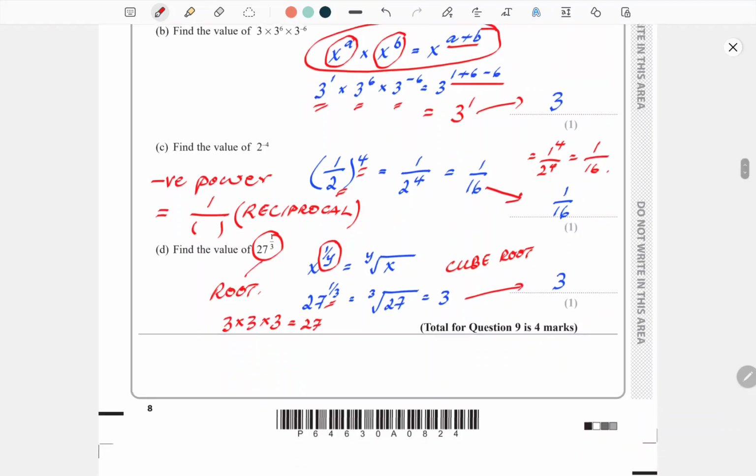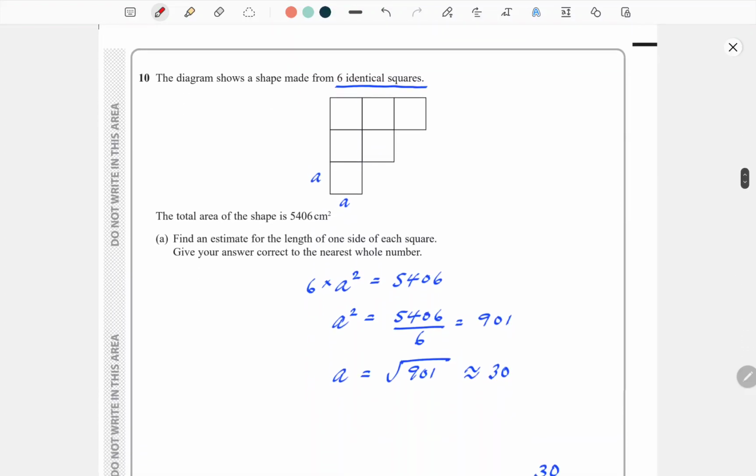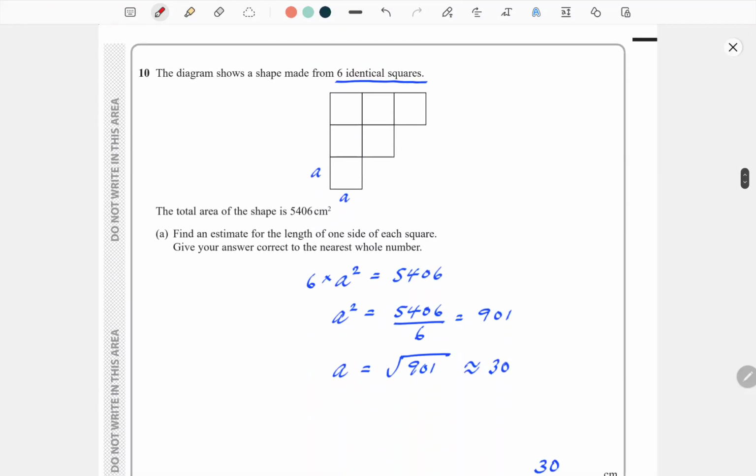Right. Next one. Number 10. Diagram shows a shape made from 6 identical squares. So make sure you note that. That means that the length of the sides of each square, obviously it's a square, so they must be the same. Give it some sort of a label. That really helps to sort out what you need to do.